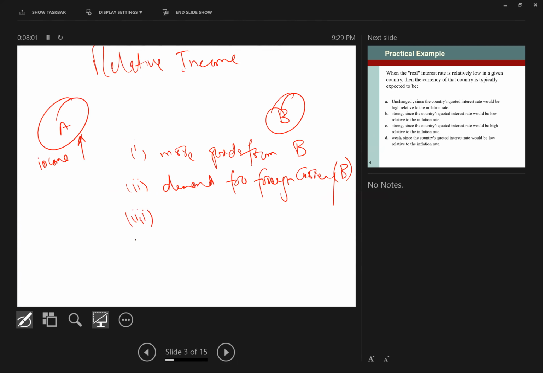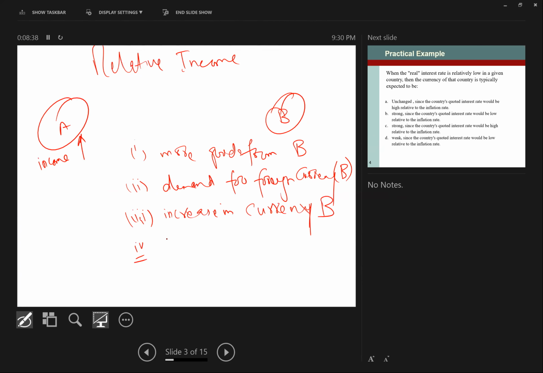What will happen? The rate at which we exchange other currency will increase. Will currency B appreciate or currency A? For A it will depreciate, for B it will appreciate.